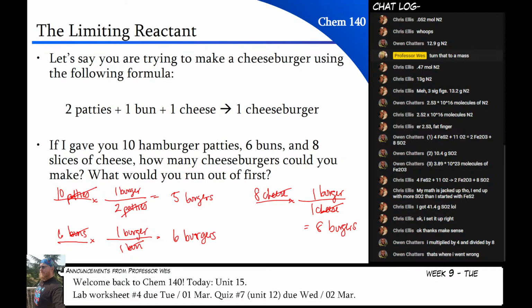So how many burgers do you actually make? Well, a burger requires all of the things, and when you run out, you stop making burgers, right? So after I make 5 burgers with my 10 patties, I'm out of hamburger meat. All I have are buns and cheese. Those are not cheeseburgers at that point. That's just strange, I guess we'll call it.